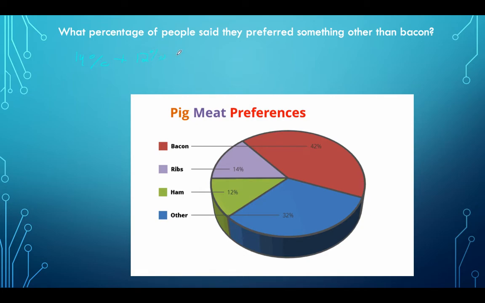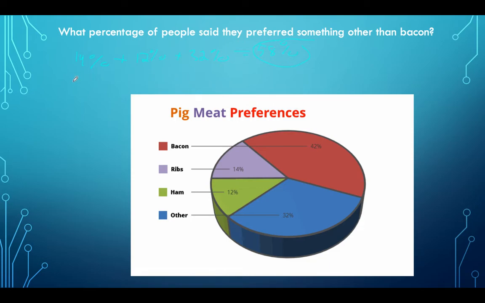I thought that'd be 0, not a ham guy. And then other, I don't know, hot dogs, I don't know what that means. Eyeballs, plus 32%. And you can add that all together. So 14 plus 12 is 26. Plus 32 is 58%. So 58% of people prefer something other than bacon.